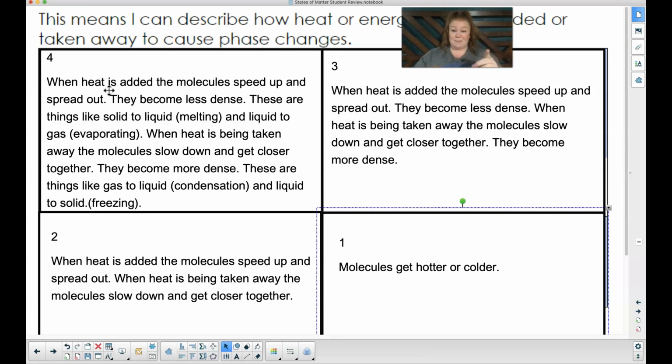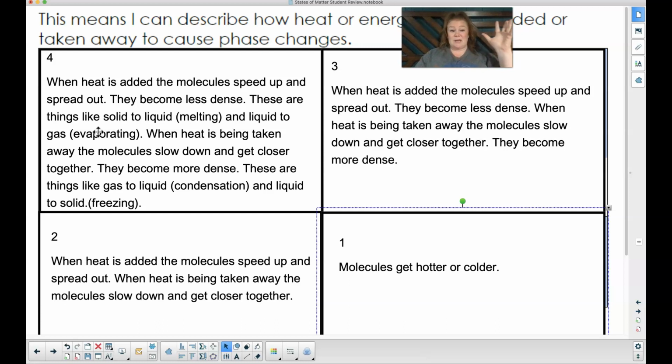So it starts the same. They become less dense, still the same. But I've got this extra sentence in here. These are things like solid to liquid, which is melting, and liquid to gas, which is evaporating. So it melts, it evaporates, and each time it's going through that change, it's getting faster and spreading out more, becoming less and less dense.